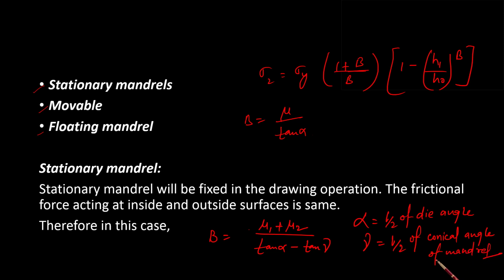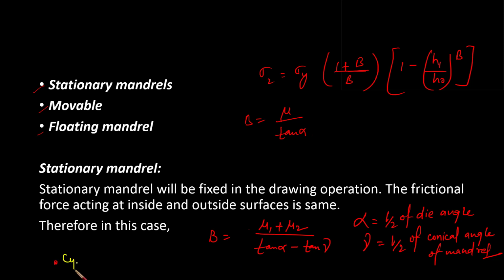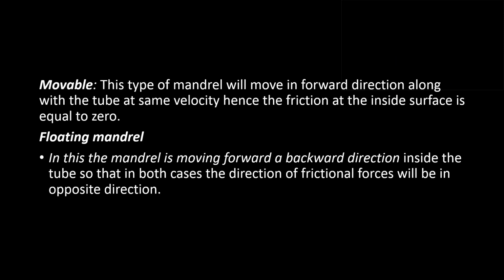When a conical mandrel is used, gamma will be used. But in the case of a cylindrical mandrel, what will happen? Gamma is equal to 0. Put it there. This is how b is calculated in the case of a stationary mandrel.